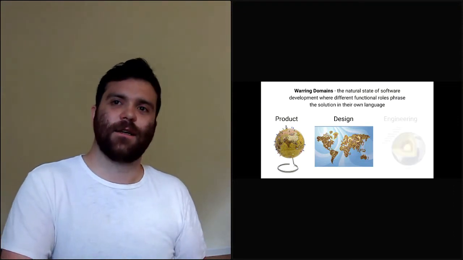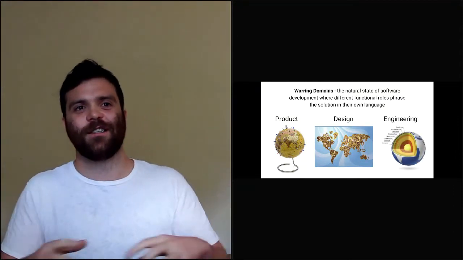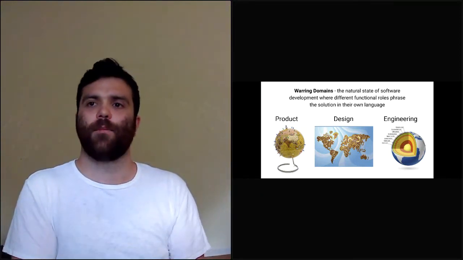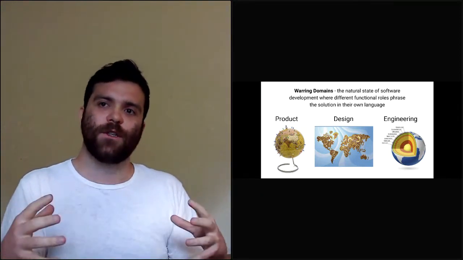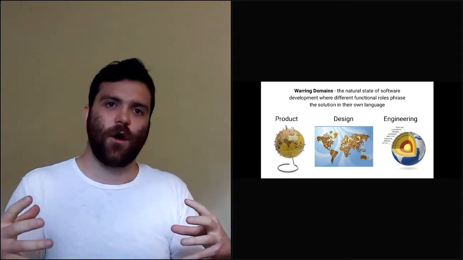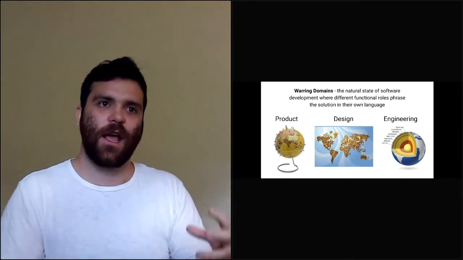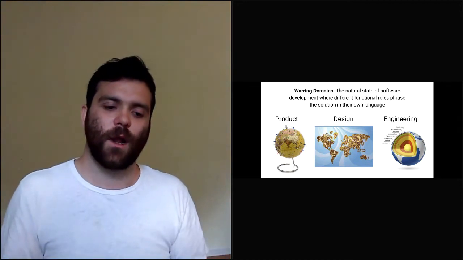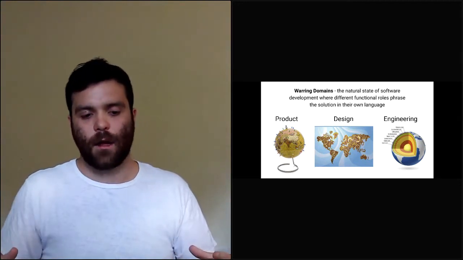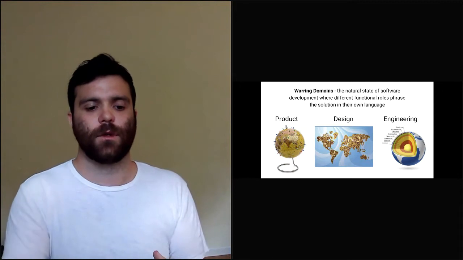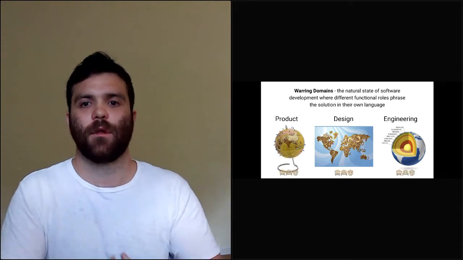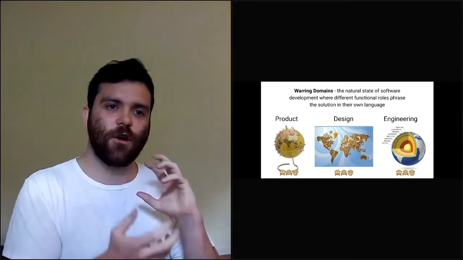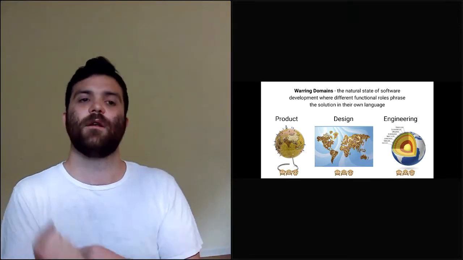And then you get engineering, which is the same picture, right? We're talking about the same thing, but we're going into layers that are complicated and arcane for product and design, right? And so when the different functional roles are allowed to talk about the product, you get this sort of hear no evil, see no evil, speak no evil within departments, right?